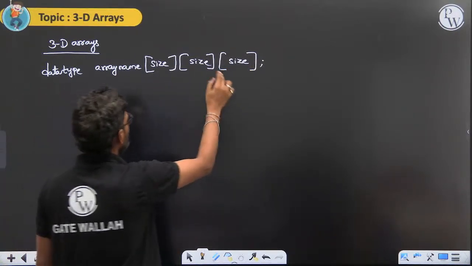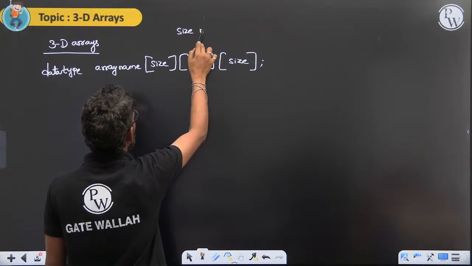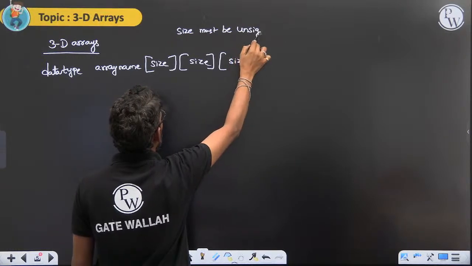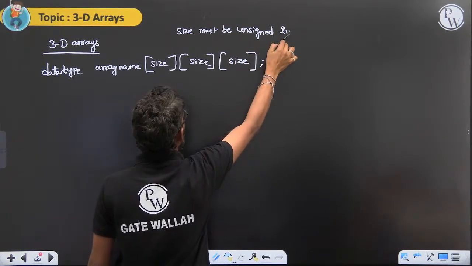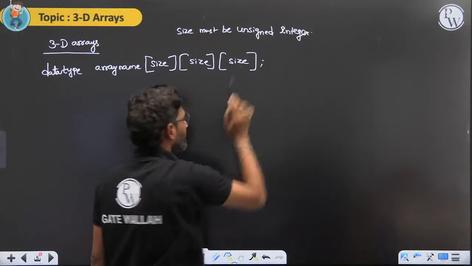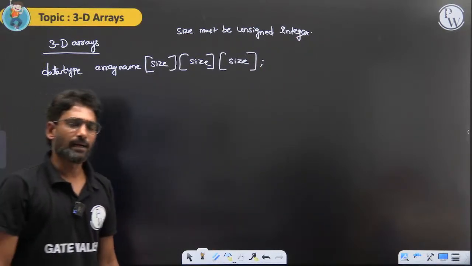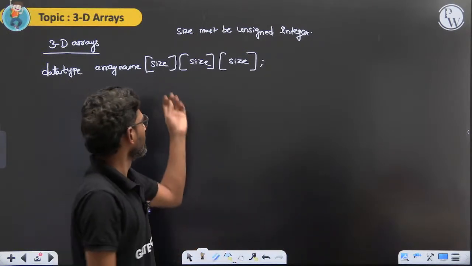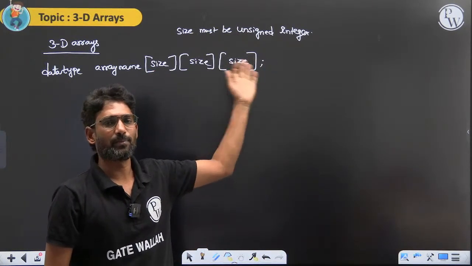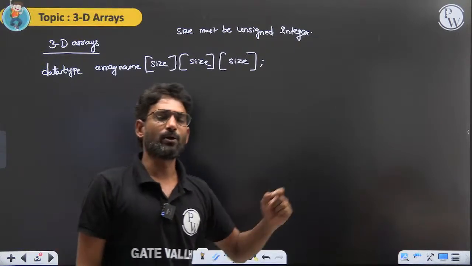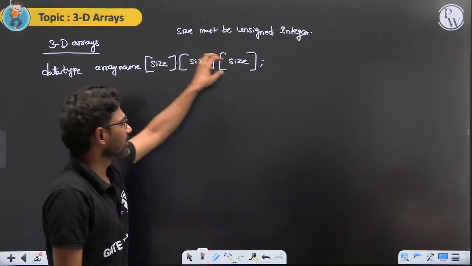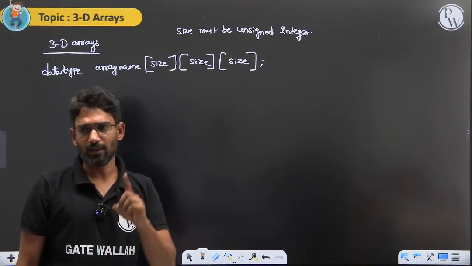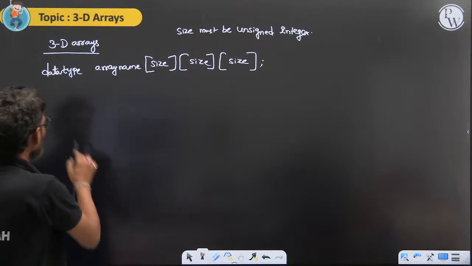And this size must be integer. That too, what integer? Unsigned integer. That means it should be a positive number and it must be a whole number. No fractional value you can give like 3.2, 4.6, 5.9. And you cannot give negative values also in the size. So the size data type is unsigned integer by default.